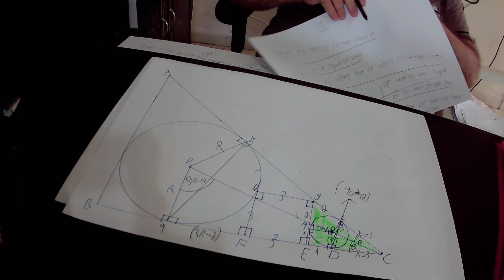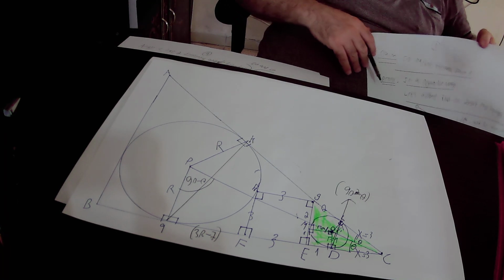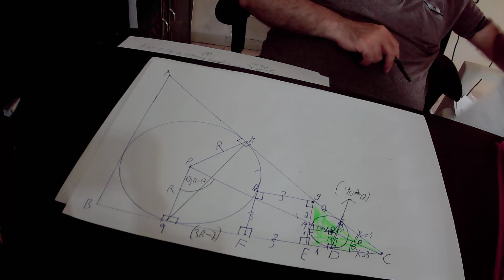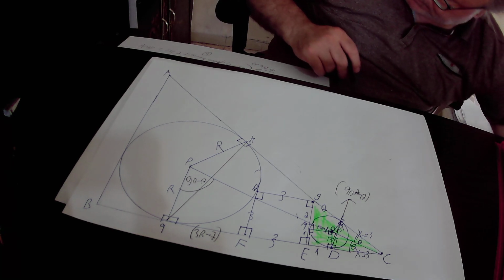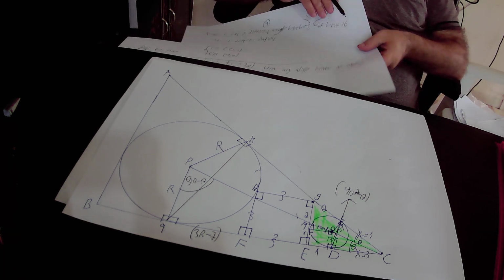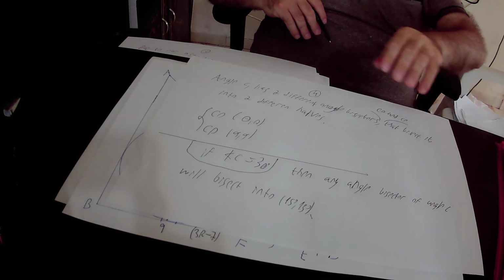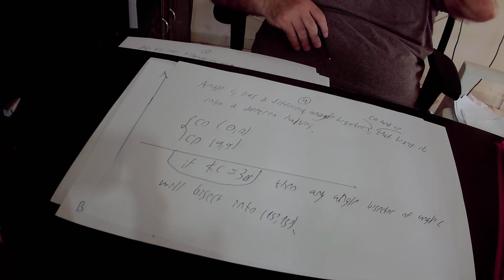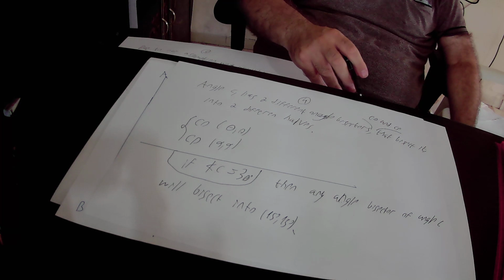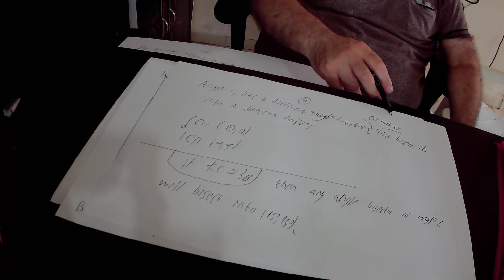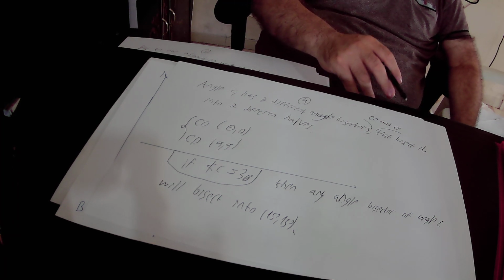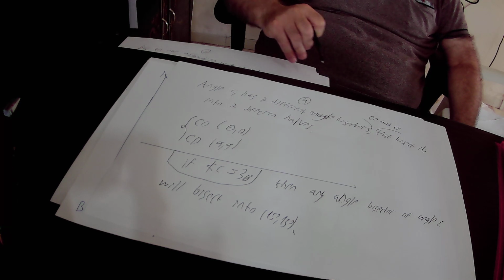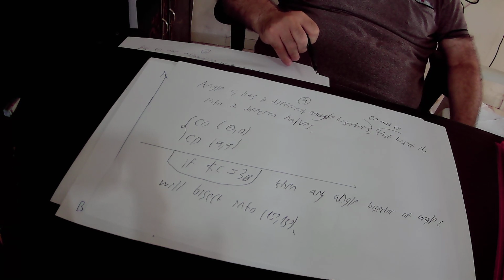So, we actually found out that angle C has two different angle bisectors, CO and CP, that bisect it into two different halves.